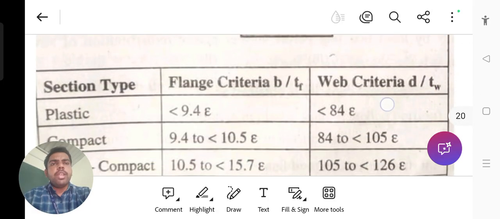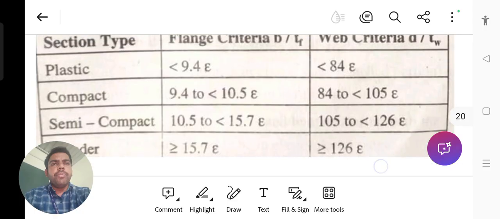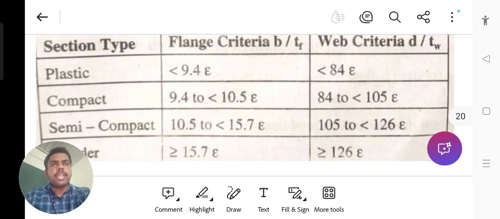Here epsilon comes in, with section type, flange criteria and web criteria. For flange criteria we find B by TF, and for web criteria we find D by TW. For a plastic section, B by TF is less than 9.4 epsilon. Epsilon means under root of 250 by Fy.